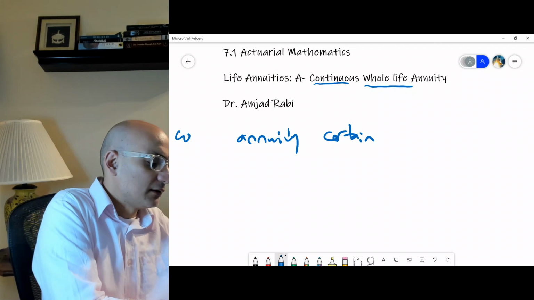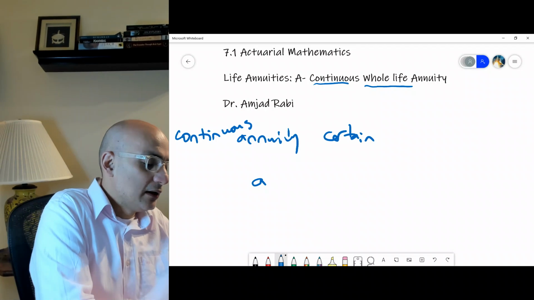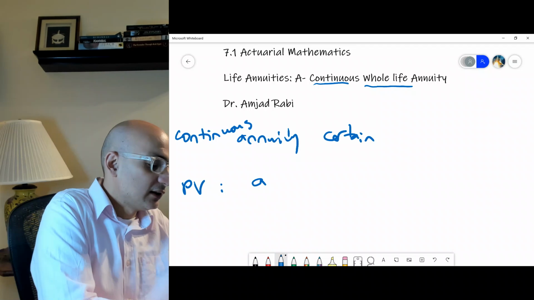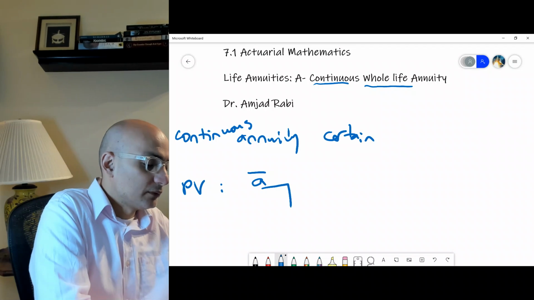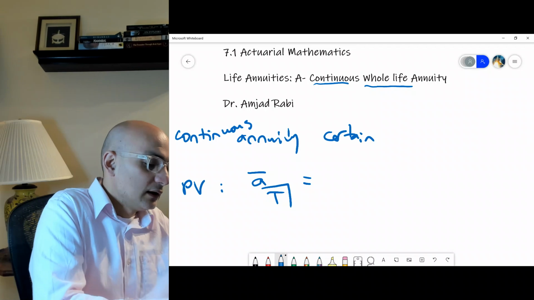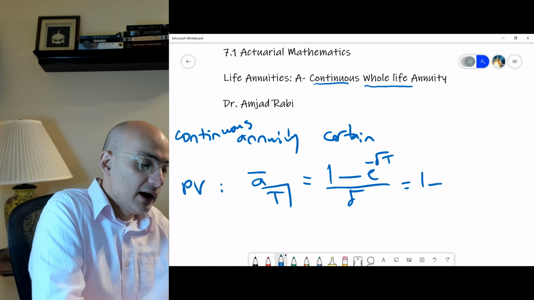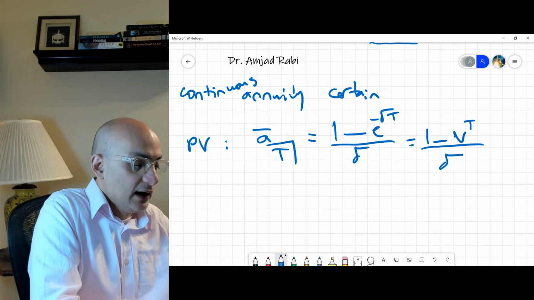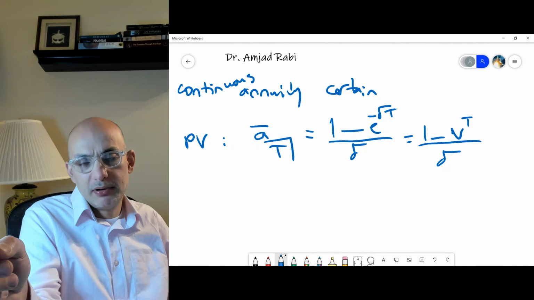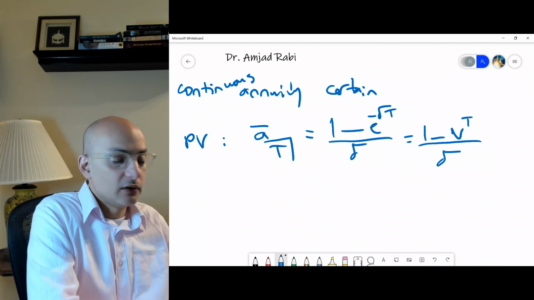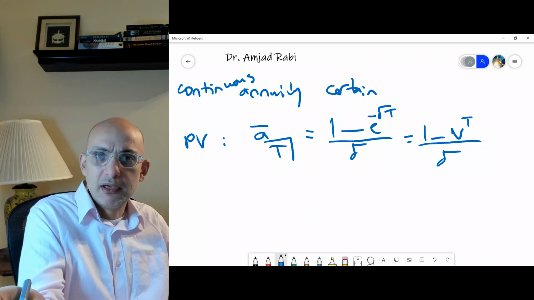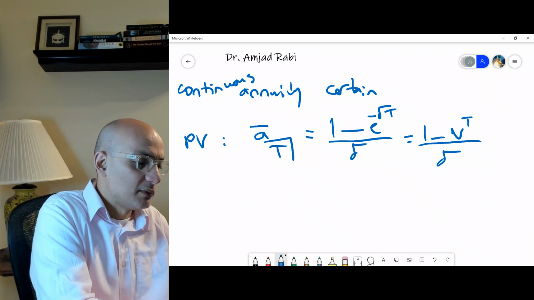Look at the continuous one; we called it the present value of annuity certain, for time t, equal to 1 minus e to the minus delta t divided by delta, or it can be written 1 minus v^t divided by delta. This gives you a $1 payment for a period of t. Every year you will get $1, paid continuously because the bar tells us continuously.